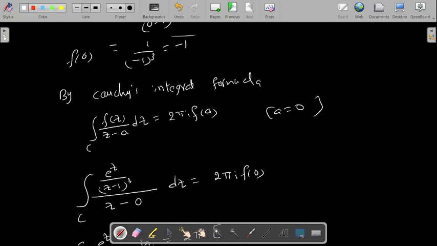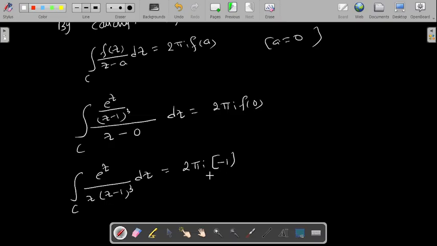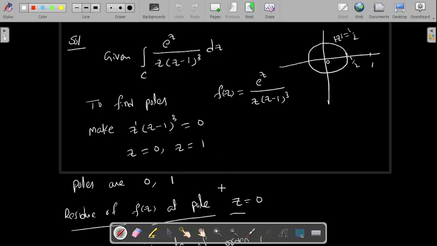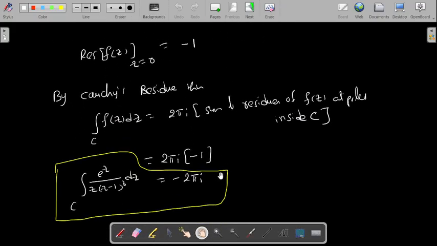Therefore the answer is minus 2 pi I. The previous method also gave minus 2 pi I, so both answers are the same.